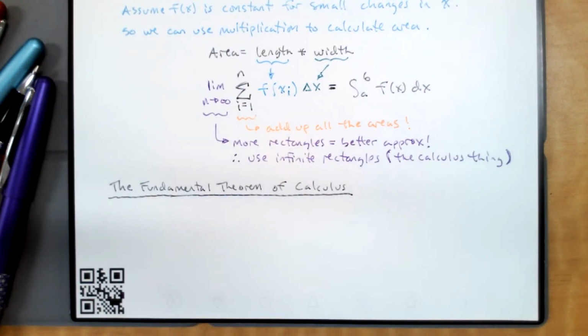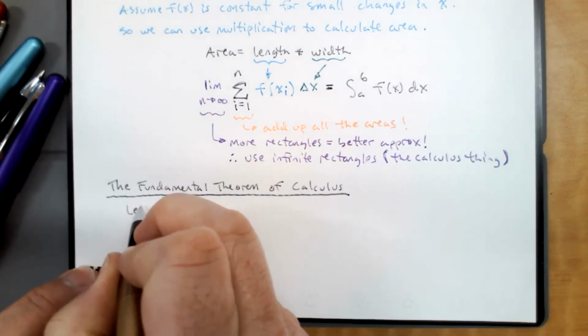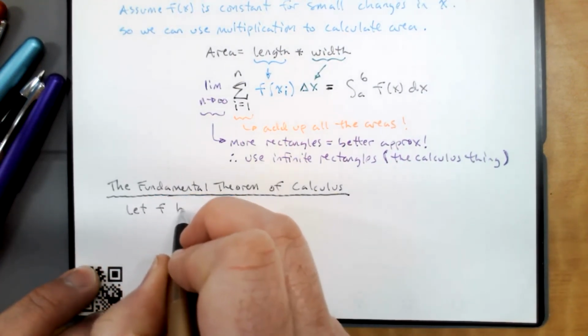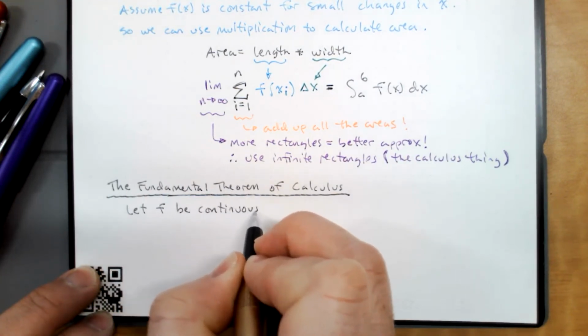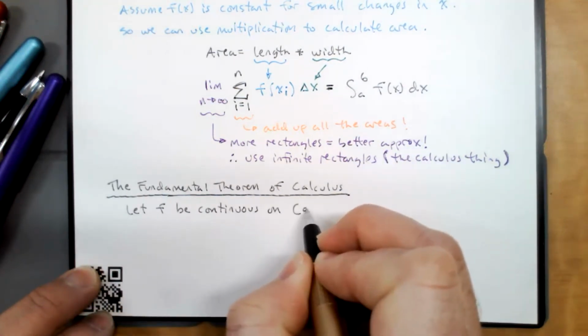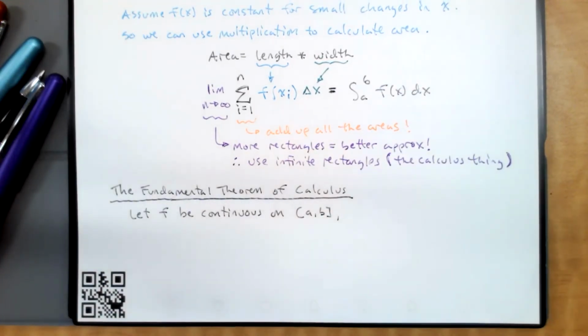There are two parts to the fundamental theorem of calculus, but that's only because the fundamental theorem of calculus goes in both directions. Here's what we need for the fundamental theorem of calculus. We need a function that is continuous on a closed interval.